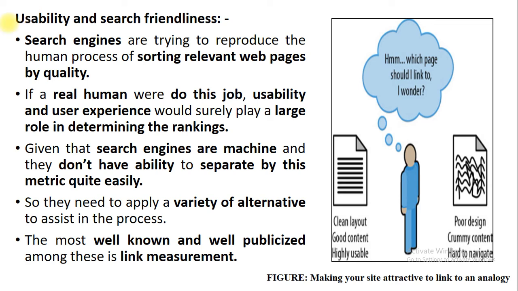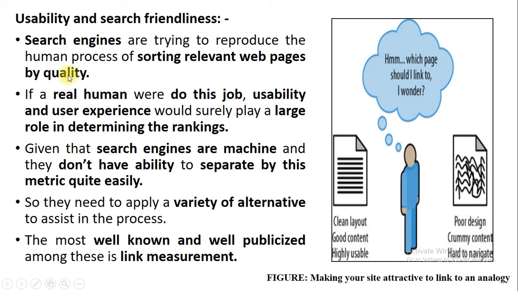Now let me read out the points, and if anything is missed out we will discuss it here. Search engines are trying to reproduce the human process of sorting relevant web pages by quality. Definitely, search engines are going to apply the sorting technique based on the quality of web pages.